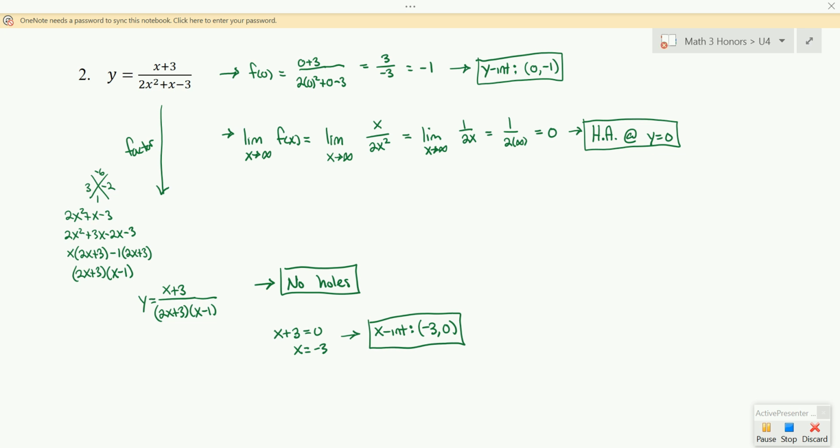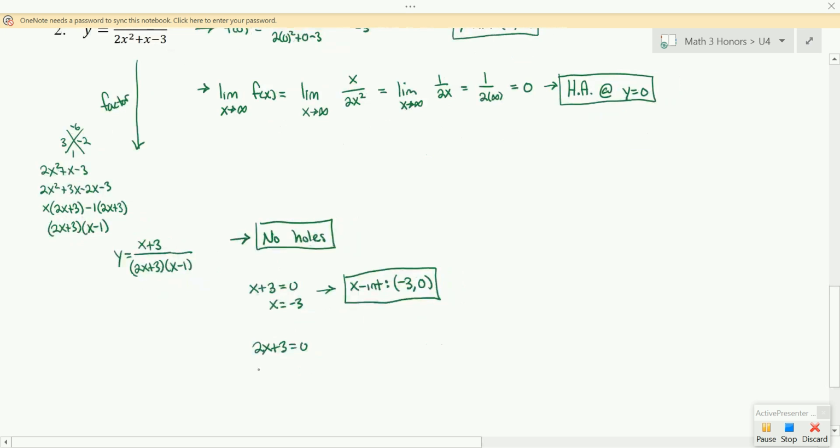We need to find if there are any vertical asymptotes. We have 2 factors, so each one's going to give you a different vertical asymptote. And so the 2x plus 3, you set that equal to 0. You get x is negative 3 over 2, and the x minus 1 gives us x equals 1.